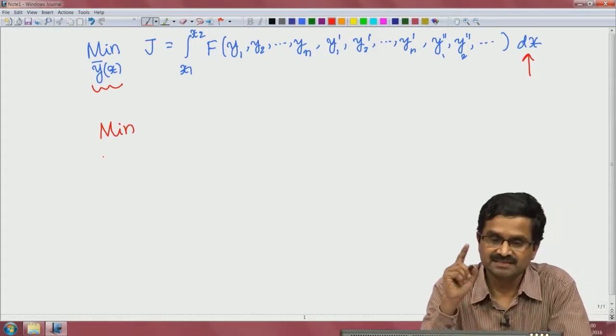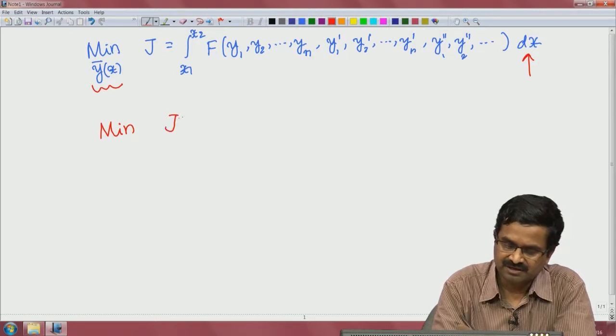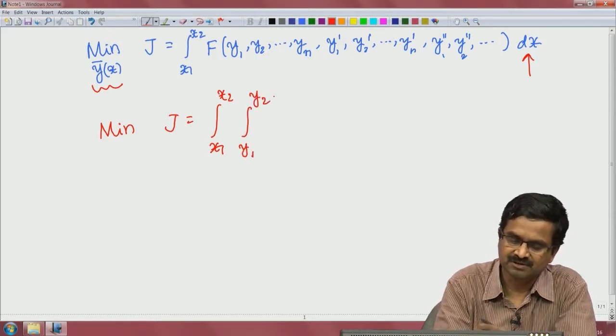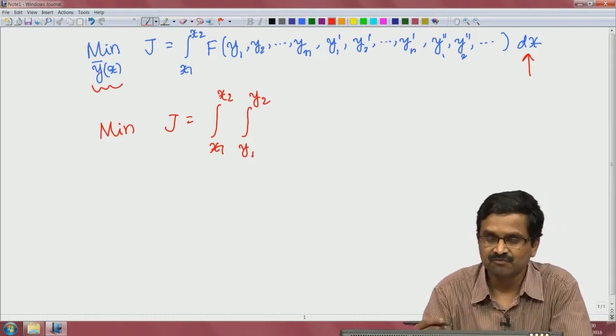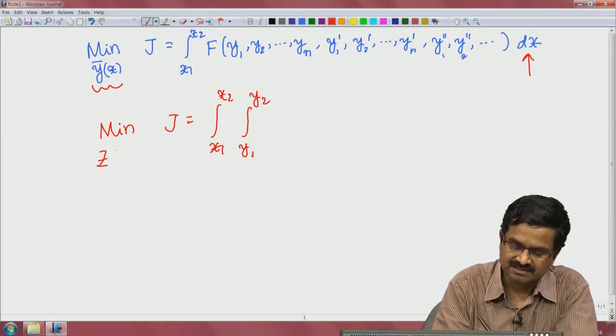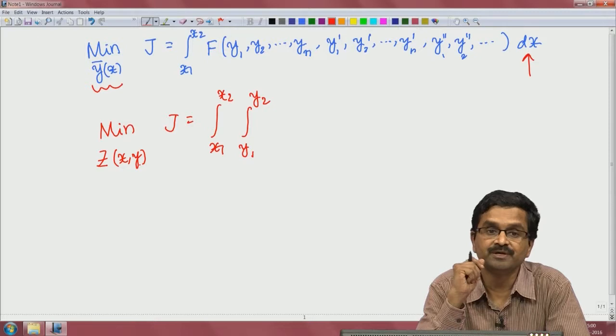So far it is only x that is the variable. Now, our functional will have x1, x2, and we will make y an independent variable. Instead of making y a function of x, we will make y an independent variable and make z a function of x and y. It is a 2D problem now.